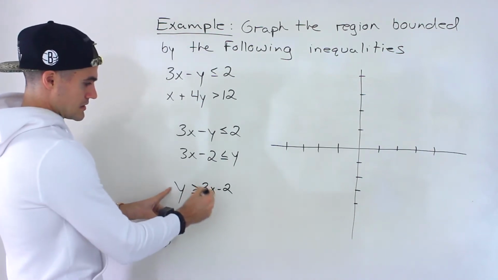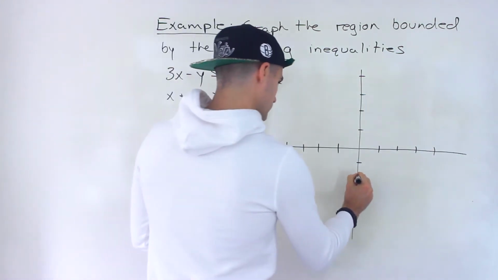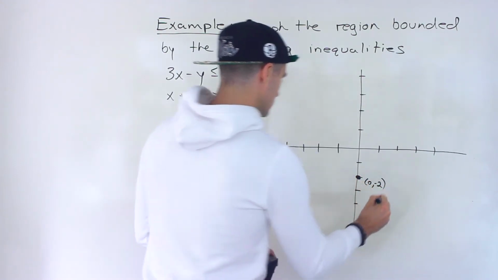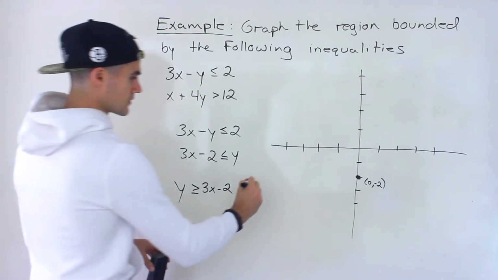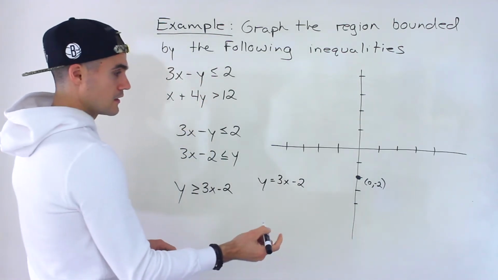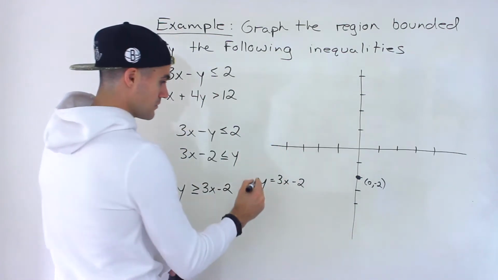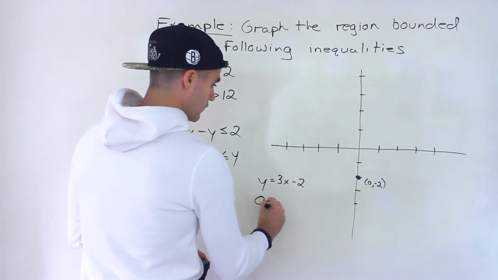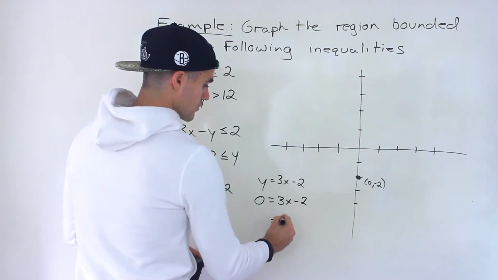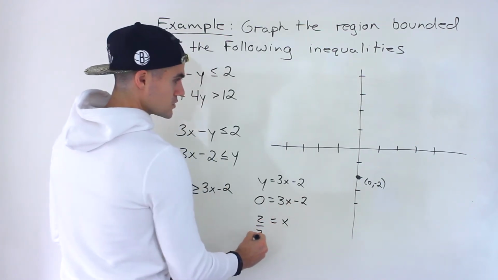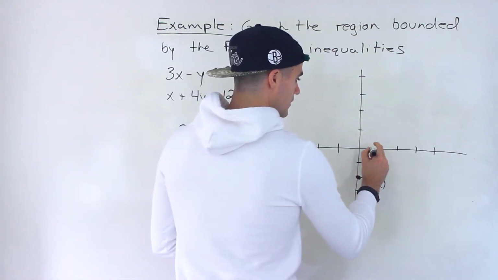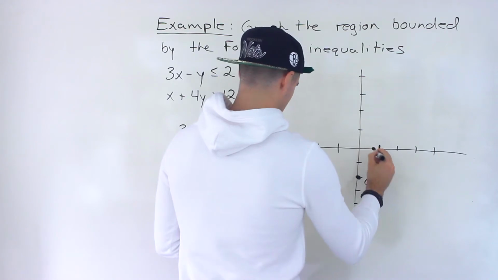So this line here, 3x minus 2, notice that 0 and negative 2 is the b value, or the y-intercept. If we wanted to get the corresponding x-intercept, we can plug in 0 for y, bring the negative 2 over, divide both sides by 3, x would be 2 over 3, which would be like 0.66, so that, this is like 1, so that would be like over here.